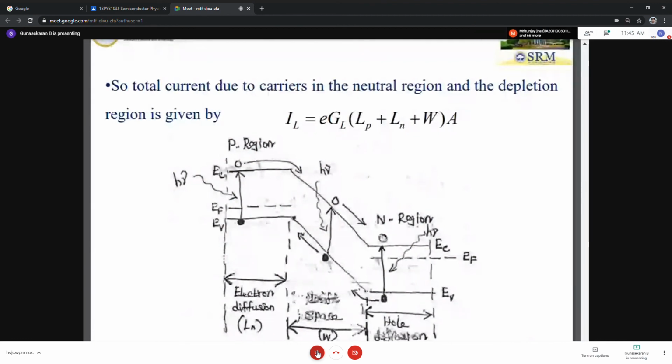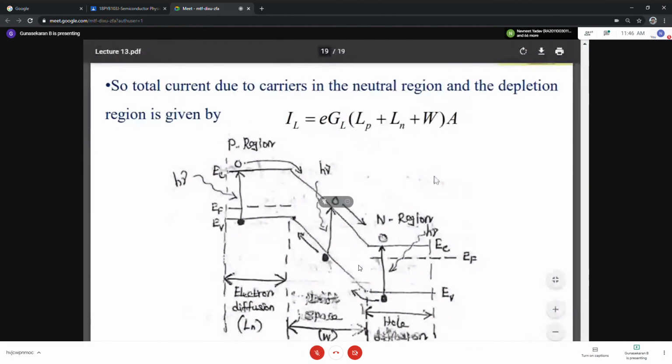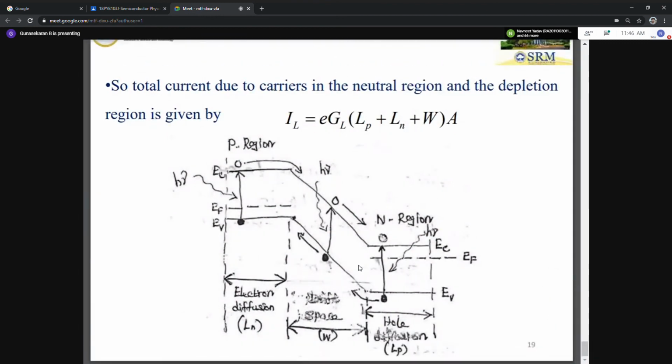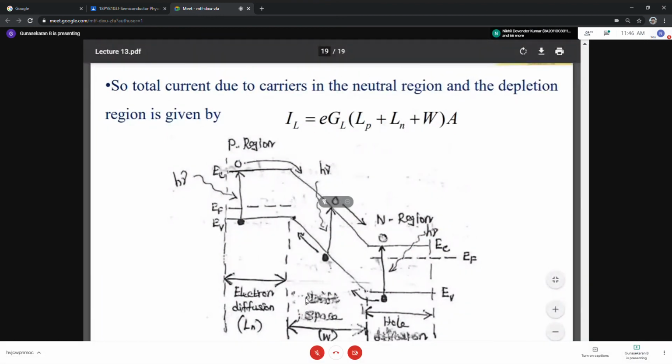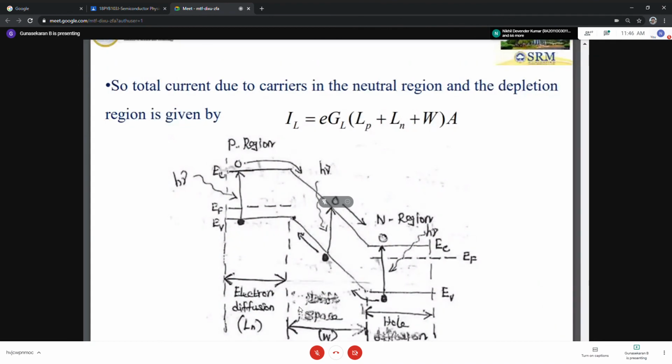Any doubts or clarifications here? See, in the photodiode, any doubts or clarifications in photodiode? Say yes or no. Okay, I understand. All of you understand this? Yes, sir.